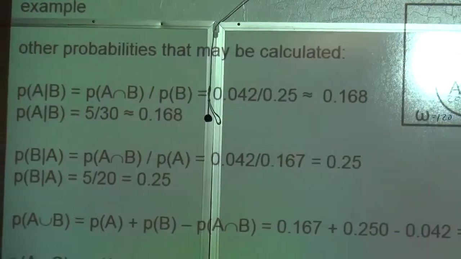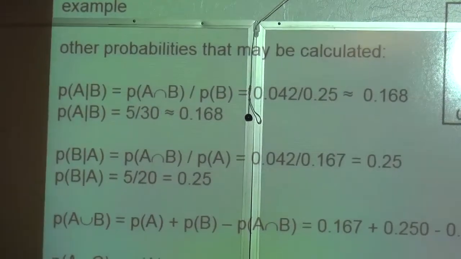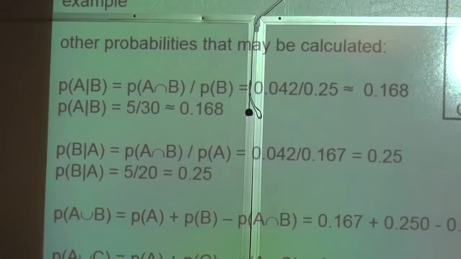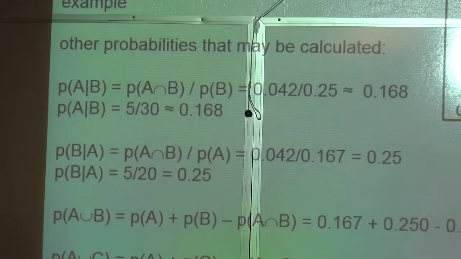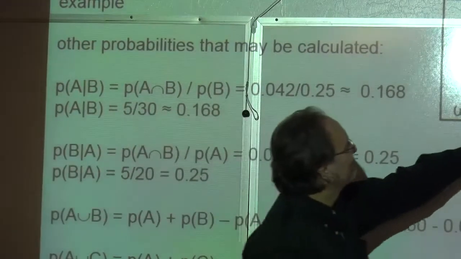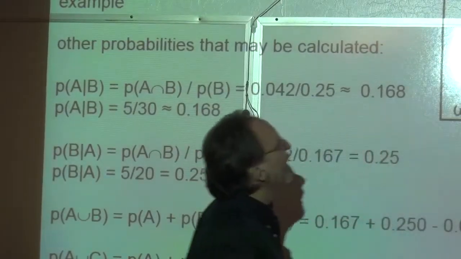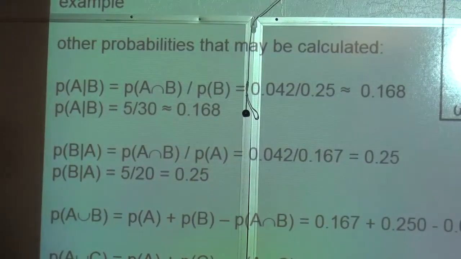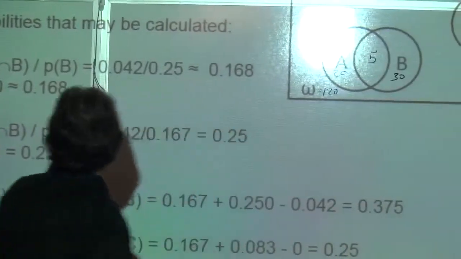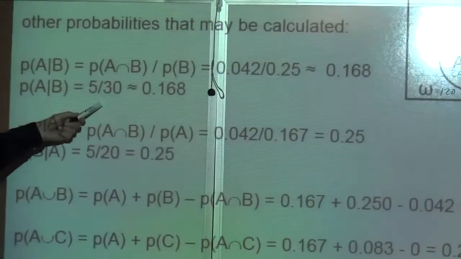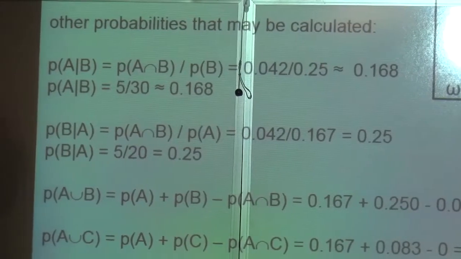So, I want to know what's the probability of A given that I'm in B. Now I'm doing this redundantly so that you get an intuitive feel for what this means. Okay, I know that I'm in B. What's the probability of also being in A? Well, we can look at this and say 5 out of 30 is my result, and that's the simple way to do it. 0.168, 5 out of 30.